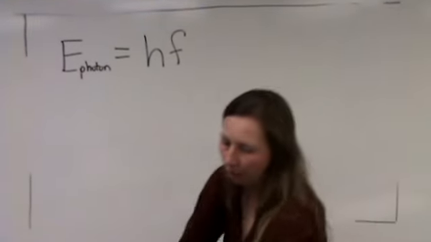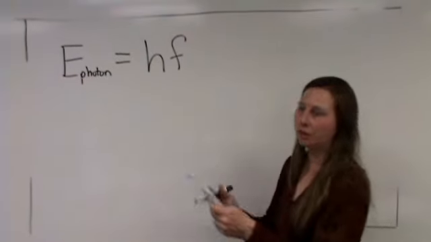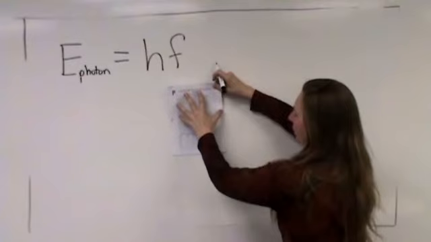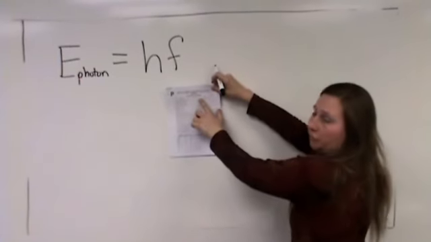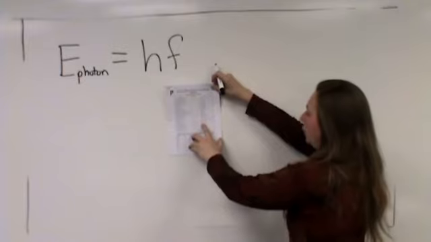Now, on the front of your reference tables, you will find Planck's constant. On the front of the reference tables, toward the bottom of the top chart, where all the constants are, the list of physical constants, here's Planck's constant, lowercase h.